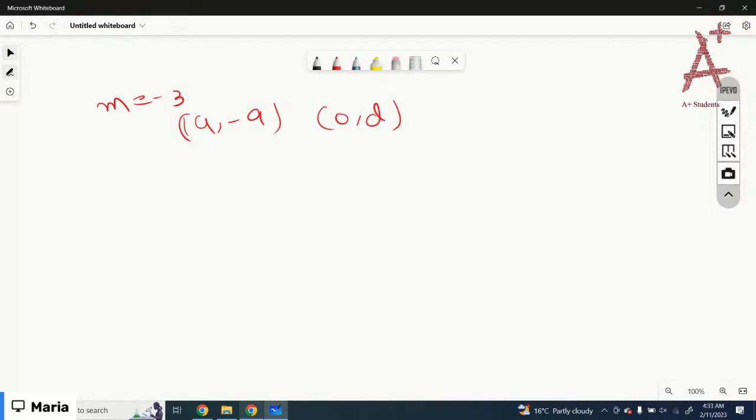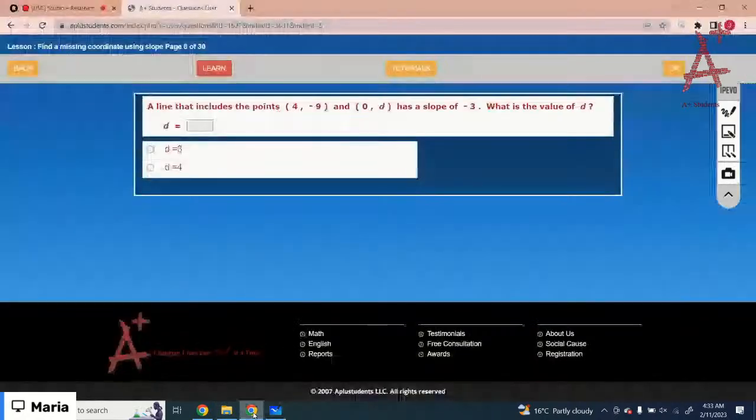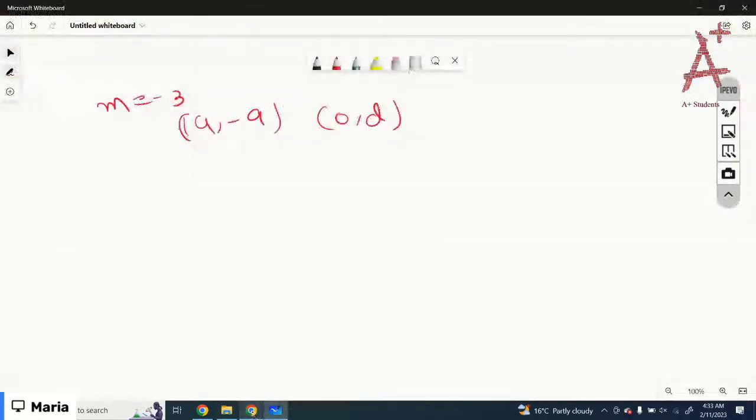Okay, so slope is negative 3 and the points are 4, negative 9 and 0, d. Okay, so let's just use the formula, that is m equals change in y divided by change in x. Got it?